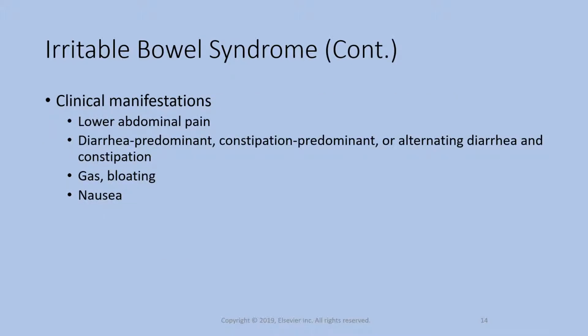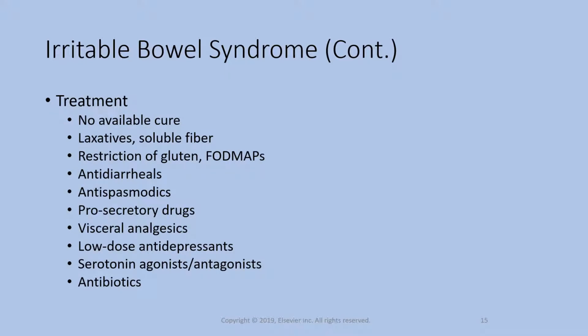Clinical manifestations are lower abdominal pain, diarrhea-predominant, constipation-predominant, or alternating diarrhea and constipation, gas, bloating, and nausea. It is difficult to manage. There is no available cure.